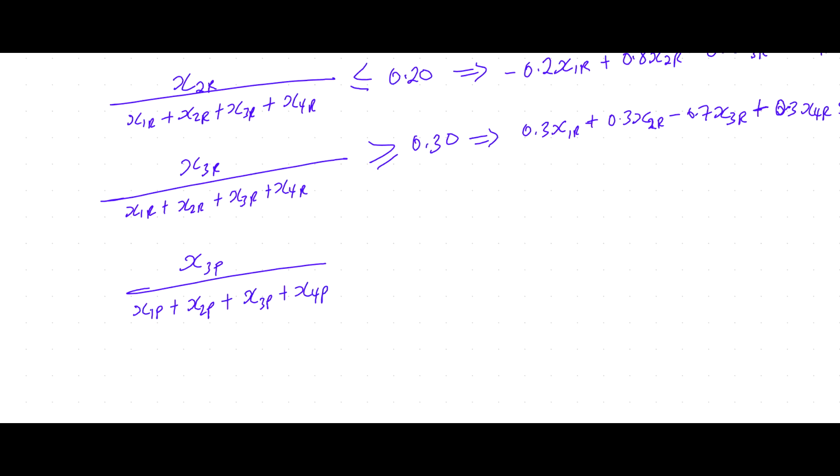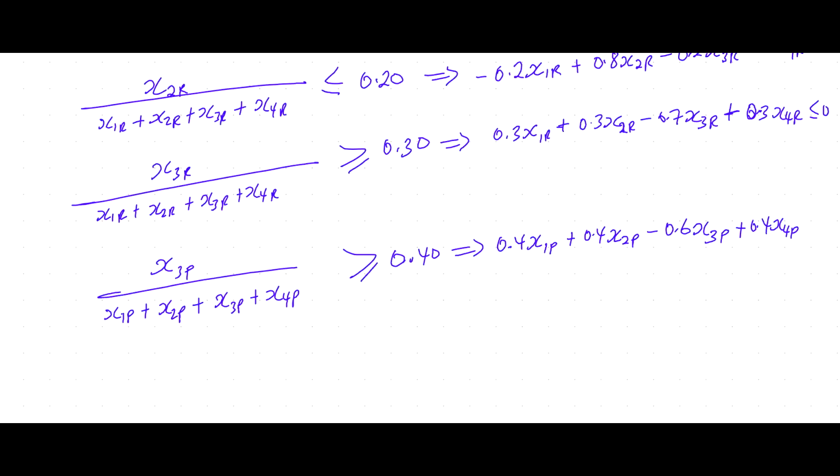It should be at least 40% and above. So if we work this out and put it in the general form, we get 0.4 x component 1 in P plus 0.4 x component 2 in P minus 0.6 x component 3 in P plus 0.4 x component 4 in P, and it should be less than or equal to 0.